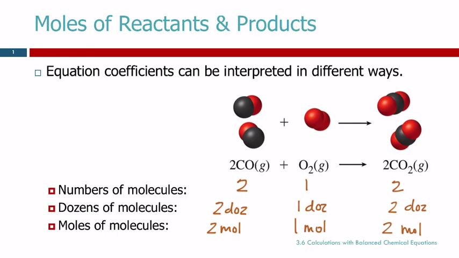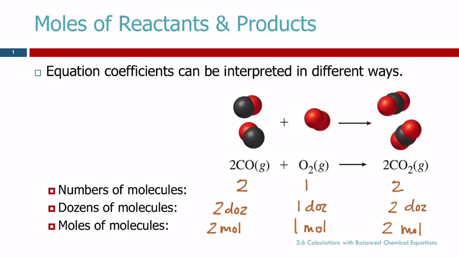Trying to think, because you guys are having good questions, and this is an idea that's really important to get your head around. Okay, so how about hundreds? If I had 200 carbon monoxide molecules, how many oxygen molecules would I need? 100. And how many carbon dioxide molecules would I get?